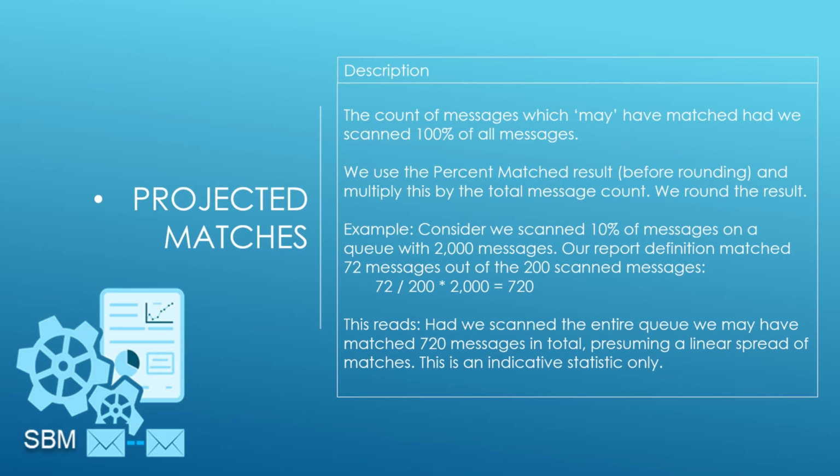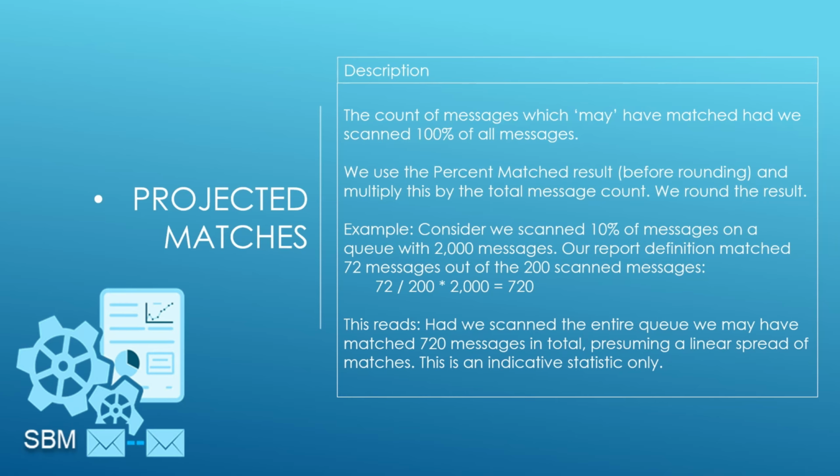Next, projected matches. This is the count of messages which may have matched had we scanned 100% of all messages. This recalculates the % matched value without rounding and multiplies it by the total count of messages present on the queue. For example, let's assert we configured SBM to scan only 10% of messages on a queue.